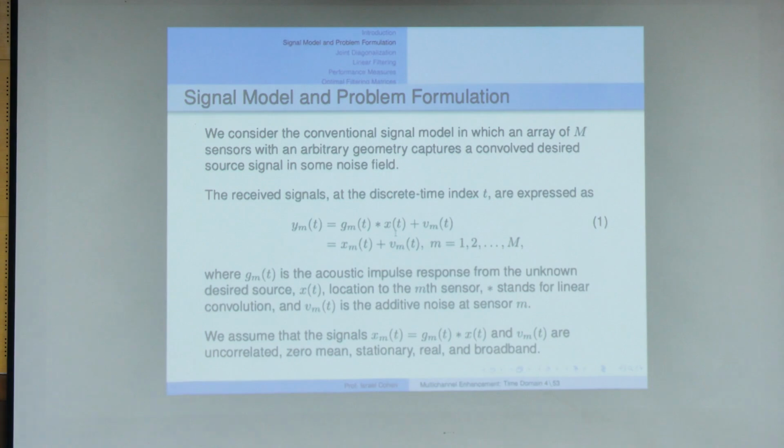With a single channel, whatever is received is the desired signal. But now we can assume that we have a desired source, and we can take into account the reflections, or the impulse response, from the desired source to each of the sensors.